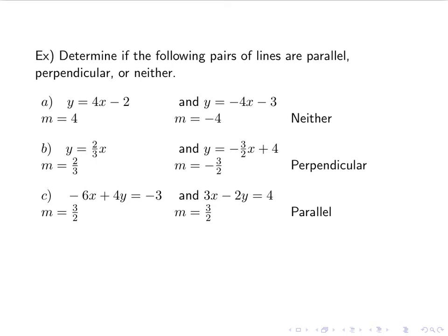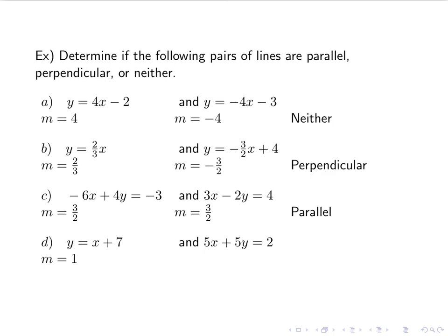For our last example, we have y equals x plus 7 and 5x plus 5y equals 2. So our first equation is in slope-intercept form. So again, our slope is the coefficient of x, and if you don't see a coefficient, remember that means that it's 1. So the slope of y equals x plus 7 is 1.